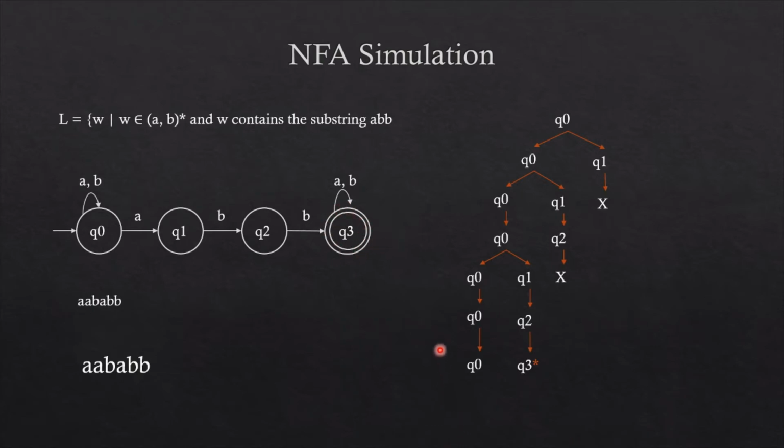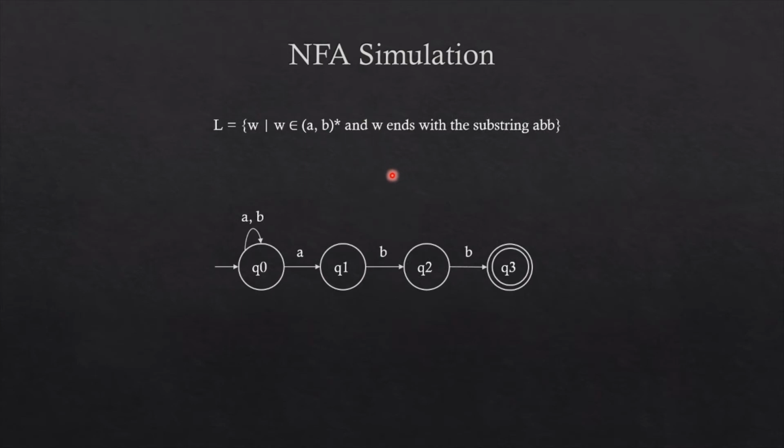See, after the simulation is done, if any one of the states we reach is a final state, that means that it reached the accepting point. That means the string is accepted.